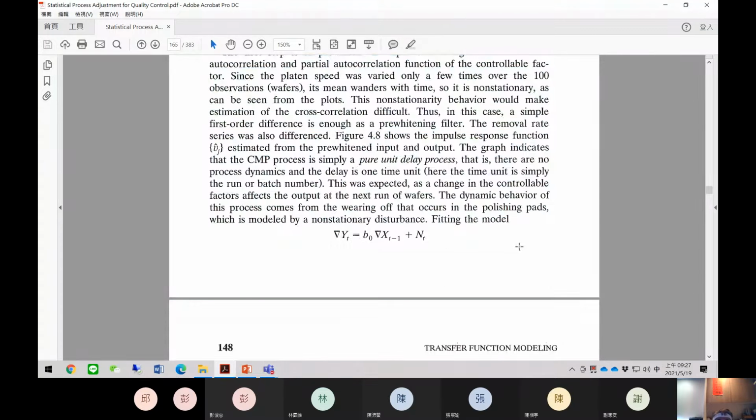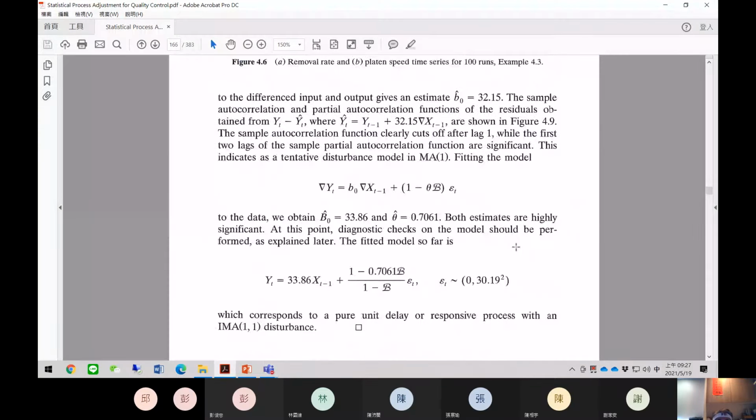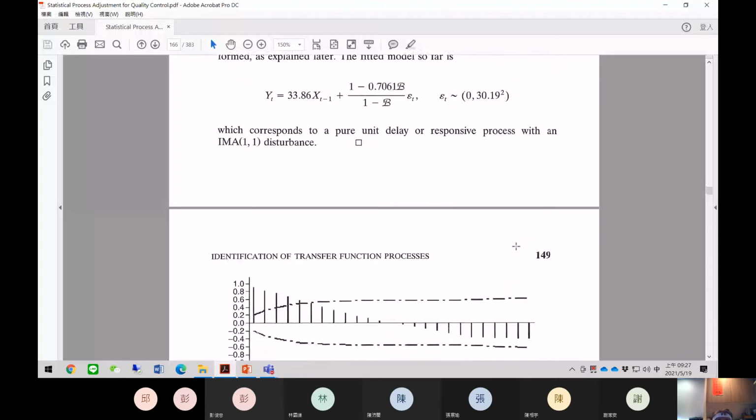I think you have a basic understanding of how a transfer function can be built, so I'm going to skip that.